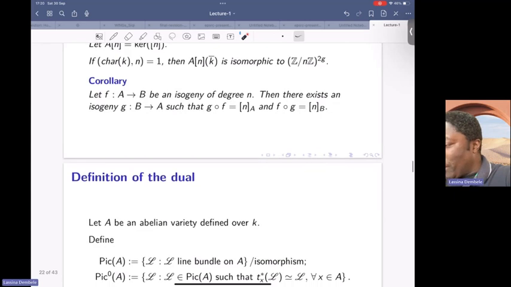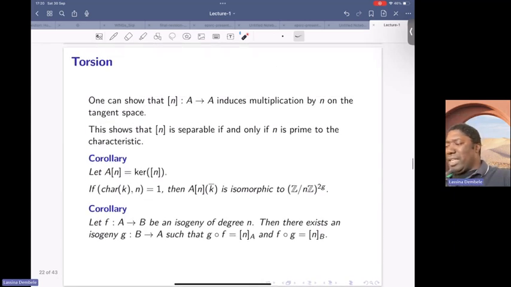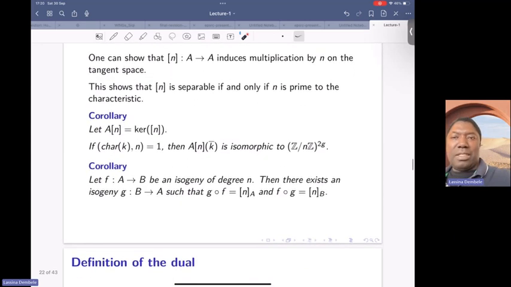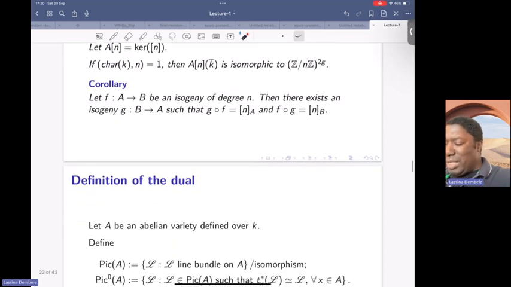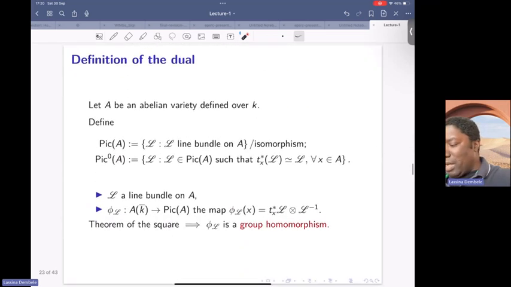Okay. So for now, these are the things that I want to say about isogenies and the structure of the torsion subgroup. And what I'm going to do now is give you the definition of the dual abelian variety and see some of its properties, which are going again to be useful to us later.